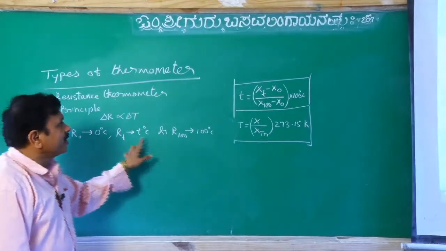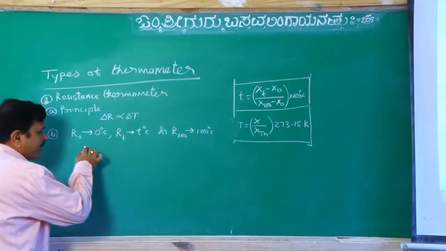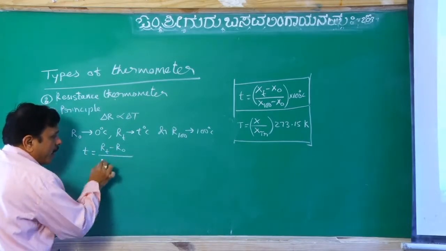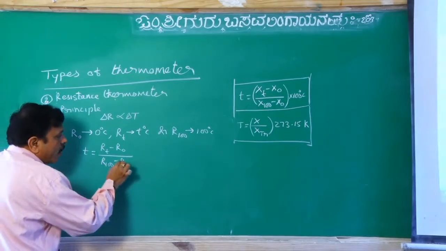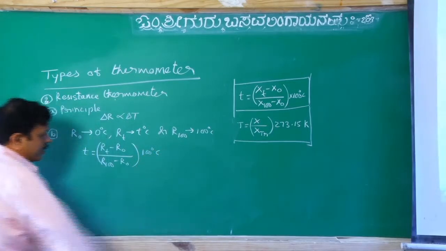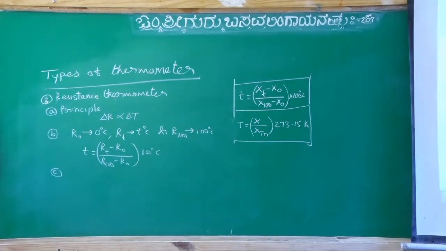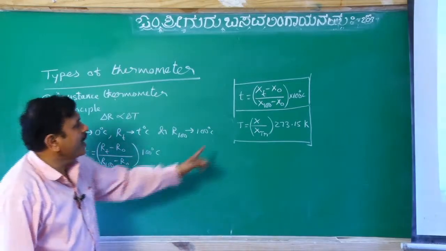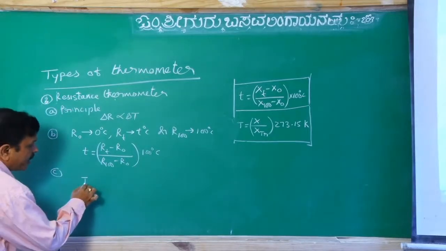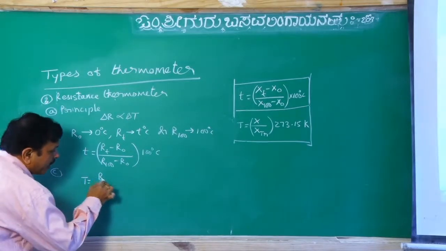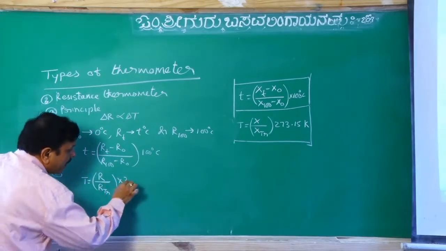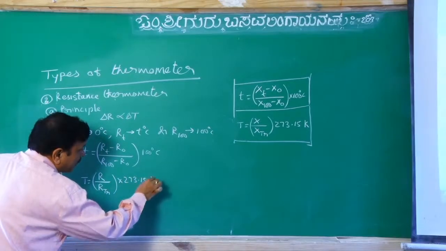Now the temperature T can be written using that relation as T equal to RT minus R0 divided by R100 minus R0 into 100 degrees Celsius. Third, we can write the same formula in terms of Kelvin as T is equal to R divided by RTR into 273.15 Kelvin.